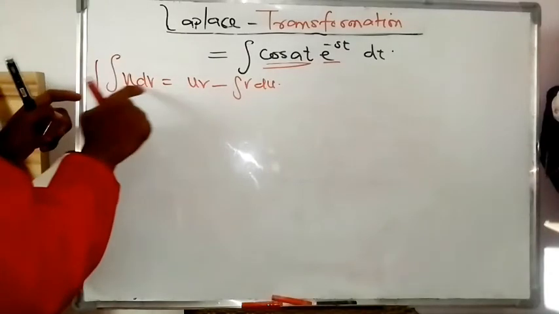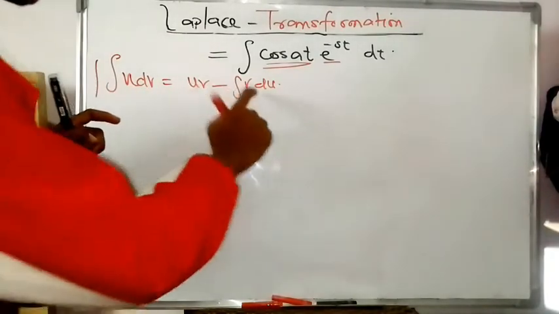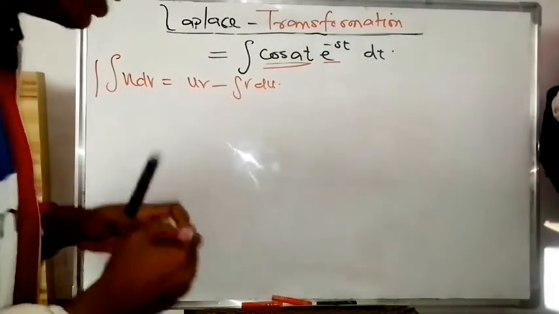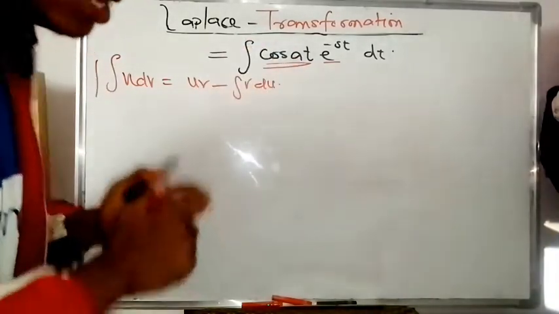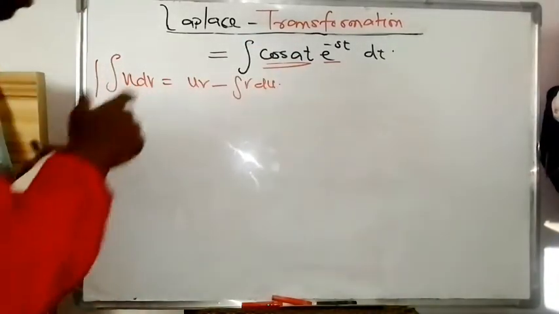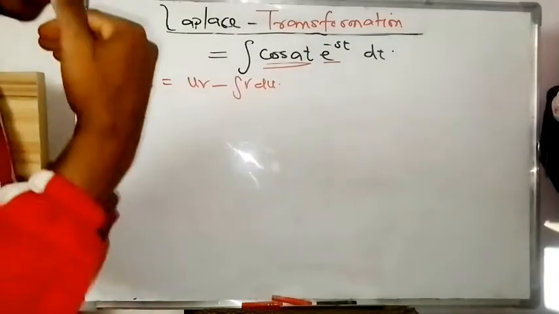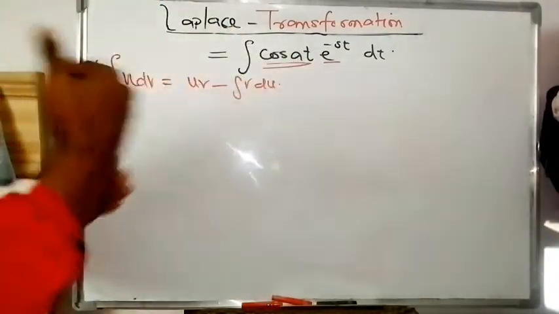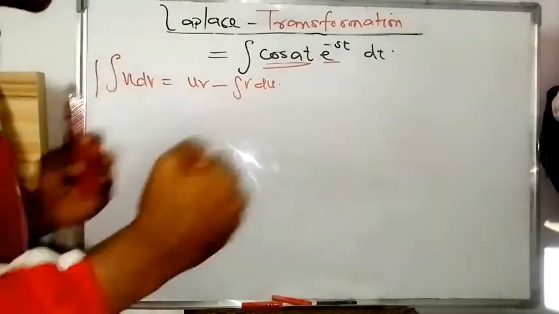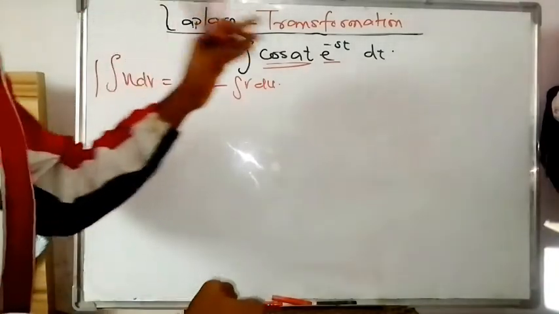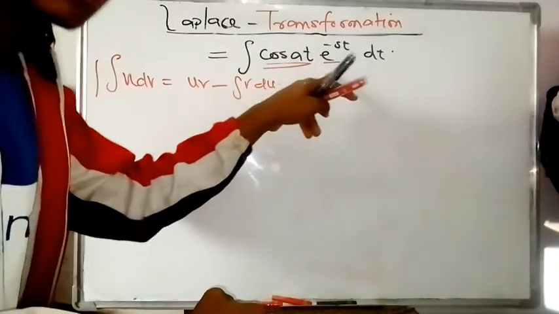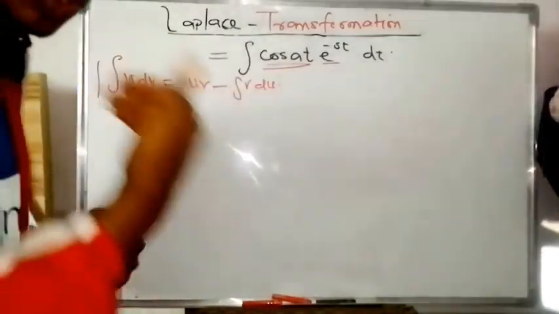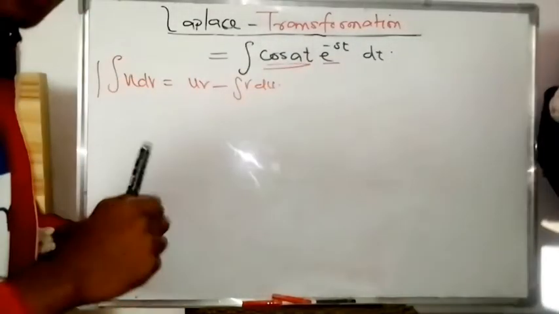Here we need to collect our u and our dv. Following the sequential order for integration by parts, which function will collect u and which will collect dv? The trigonometry comes before the exponential, so the trigonometry is going to collect u and the exponential is going to collect dv.